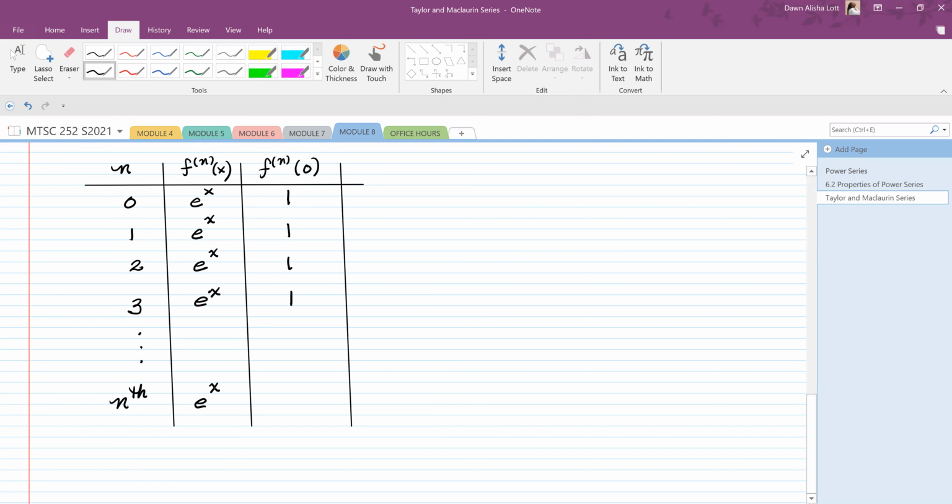But we said this thing is just 1. So therefore, if f of x is e to the x, its Maclaurin series is the sum n equals 0 to infinity of just x to the n over n factorial.